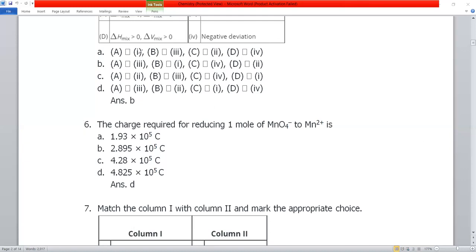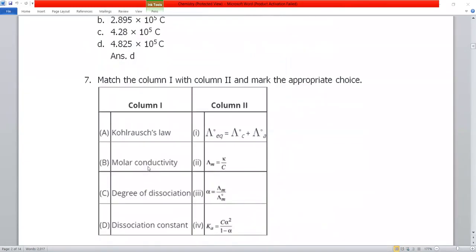Next, question number 7. They have given column 1 and column 2, and you have to find the formulas. Kohlrausch law: limiting molar conductivity equals the equivalent conductivity of the cation plus the equivalent conductivity of the anion at infinite dilution.